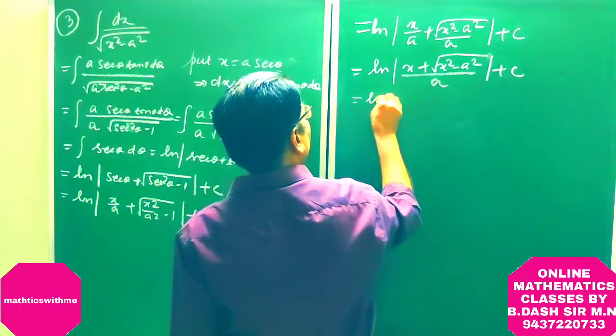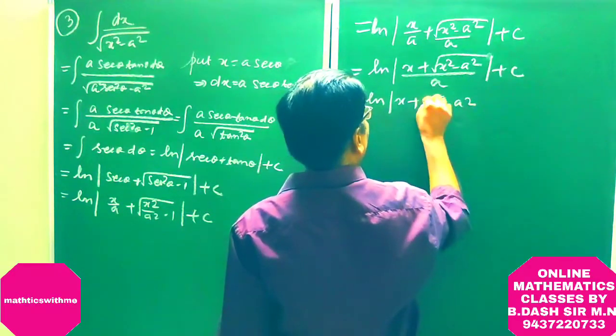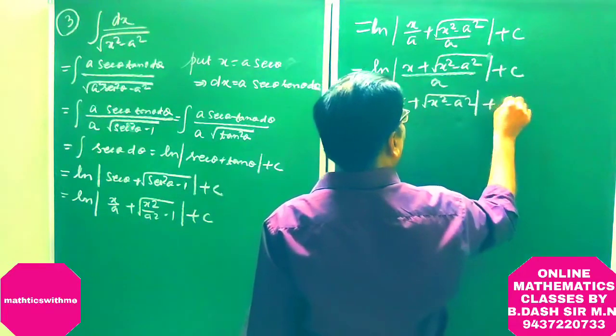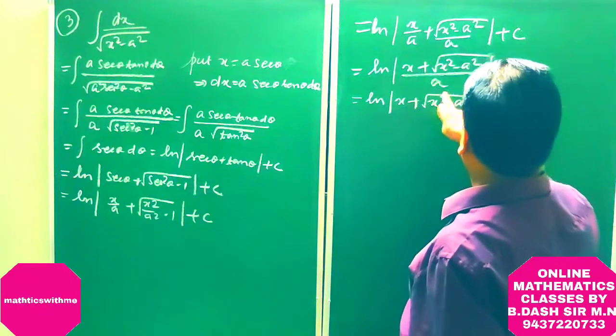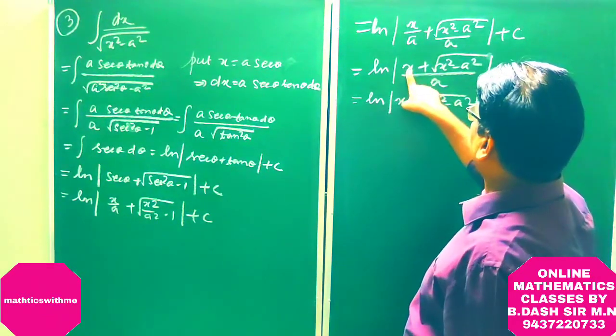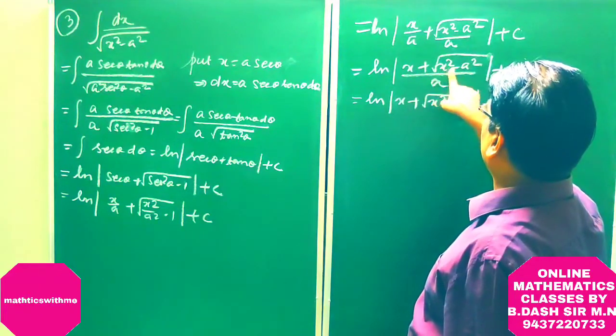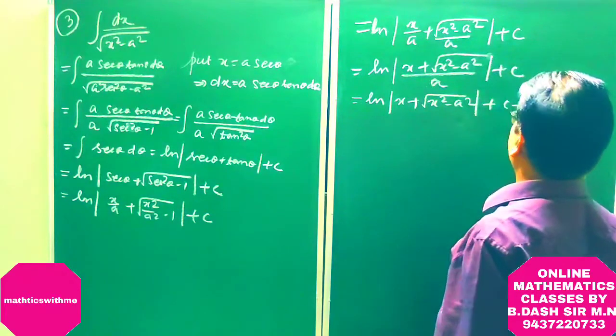This is ln of x plus (x square minus a square) root over plus c minus ln a, because ln of a by b is equal to ln a minus ln b. Here in place of a we are having x plus root over of (x square minus a square), and in place of b we are having a here.